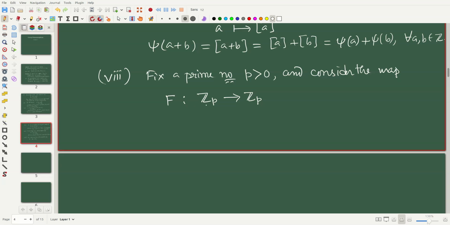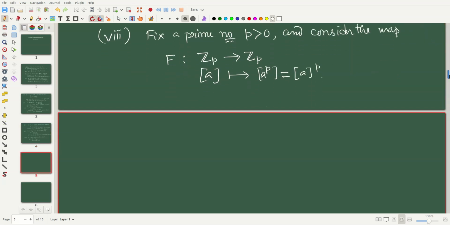So this is a group, right, with respect to addition. We define a map f given by sending the class of an integer a modulo p to a to the power p.